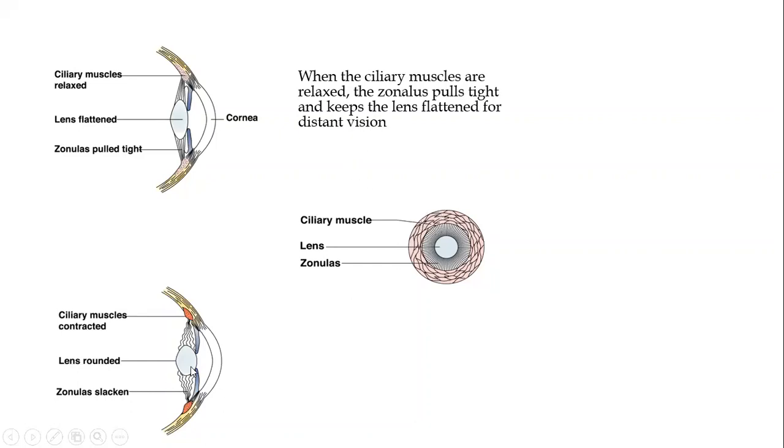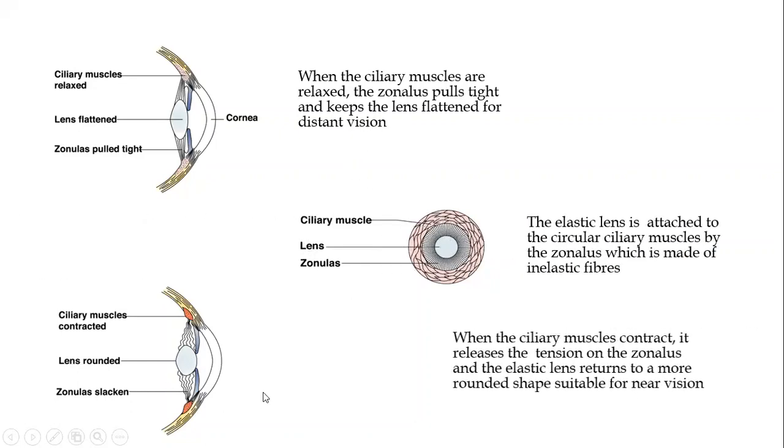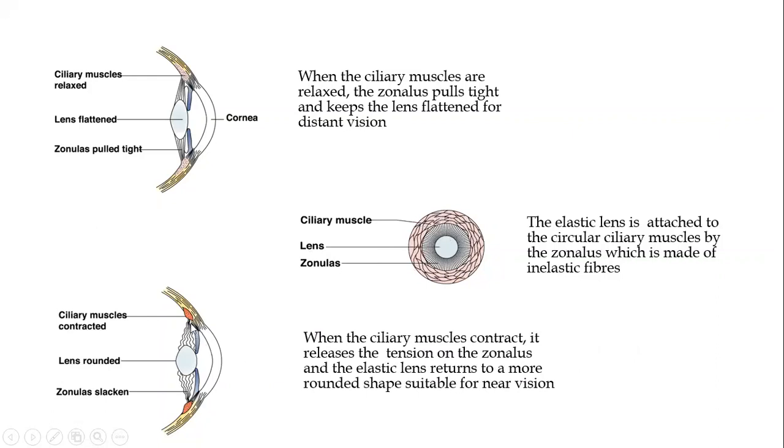The other concept is if the ciliary muscle contracts, so the zonulus becomes less tense, then the lens becomes thicker, or the curvature becomes greater. This is a good kind of curvature for near vision, so it will be able to bend the light even more.